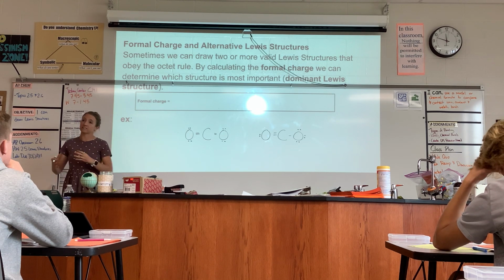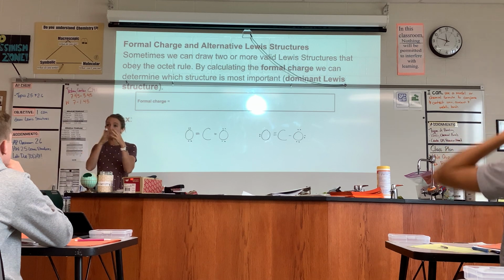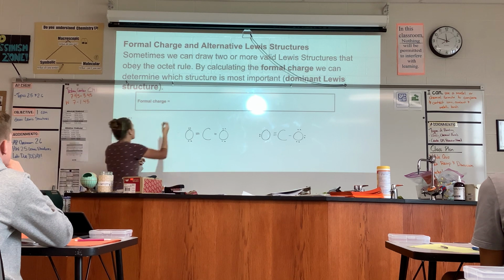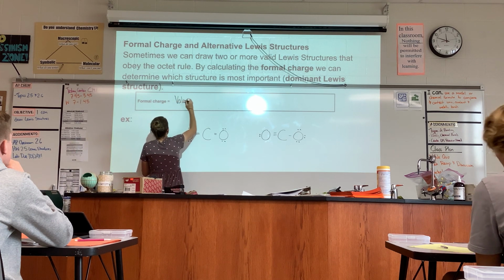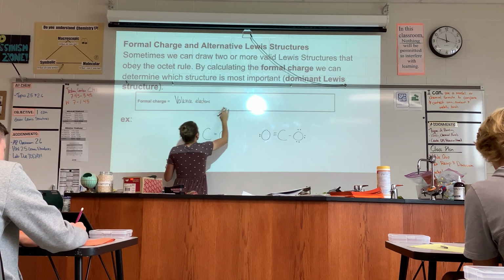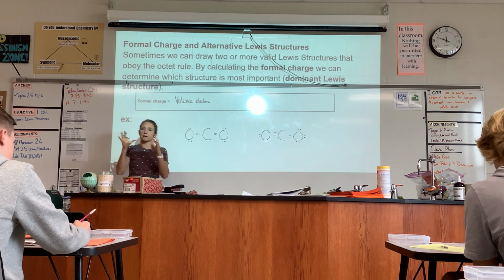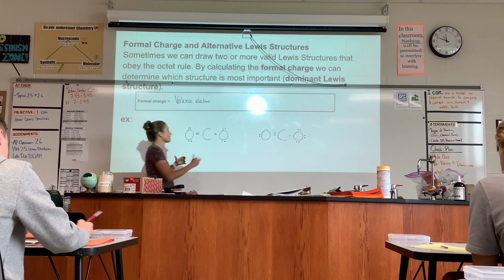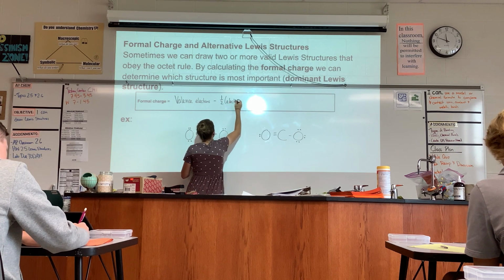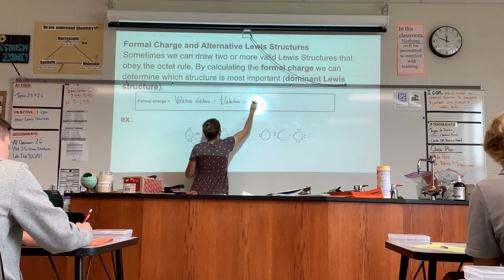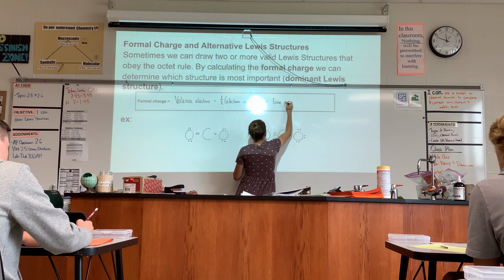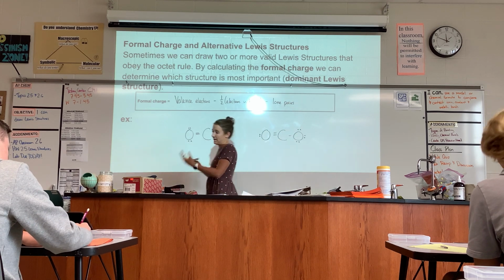But a lot of times what AP people like to do is show you various structures and you need to pick between them, so you use formal charges to check. The equation for formal charge is the number of valence electrons, minus 1/2 the electrons in bonds, minus the lone pairs, meaning the electrons not in a bond.